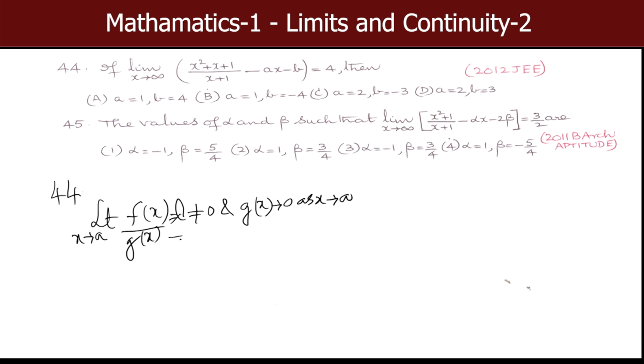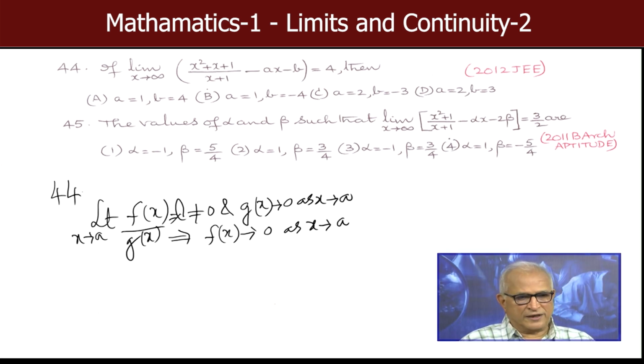Then f(x) tends to 0 as x tends to a. A simple result, because f(x) is f(x) by g(x) into g(x). f(x) by g(x) has the limit L, g(x) has the limit 0. So the product function has the limit L into 0, that is 0.